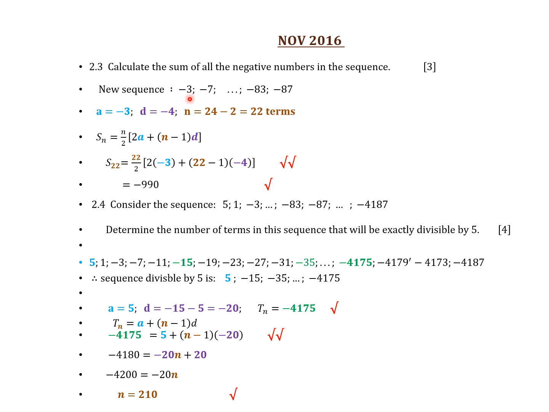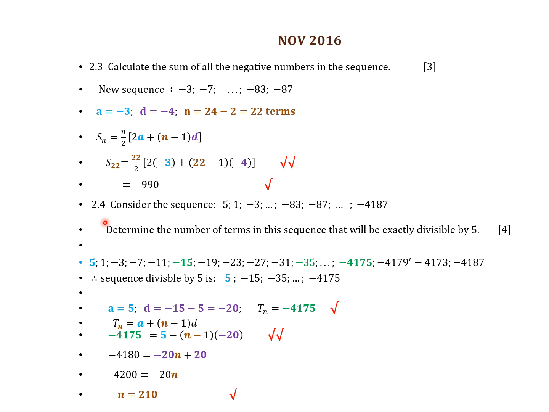A is now minus 3, and D, minus 7 minus minus 3, is still negative 4. So in place of A I substitute negative 3, and in place of D, negative 4. 1 mark for 22, 1 mark for A and D. That gives me negative 90.